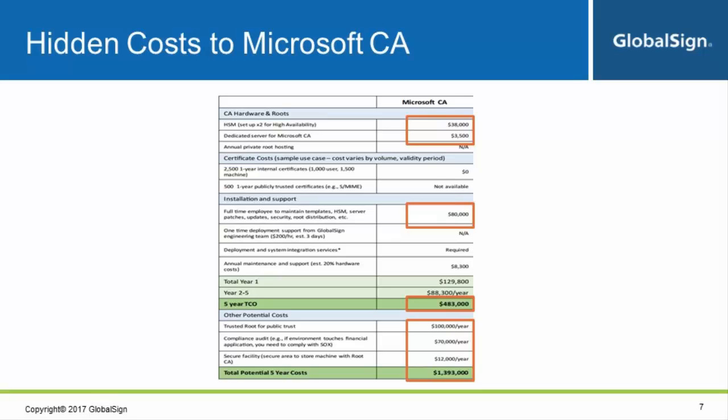So a 5-year TCO, depending upon whether you have compliances, any sort of compliance, certificate policy, certificate practice statement, XYZ, the costs can vary between anything on a 5-year TCO, depending upon how you do it, between $500,000 and $1 million or $1 million plus. Also depends on the volume of certificates, as you can see, the root of trust, depending upon how many public trust certificates you have. You may not have a need of any public trust certificate, by the way.